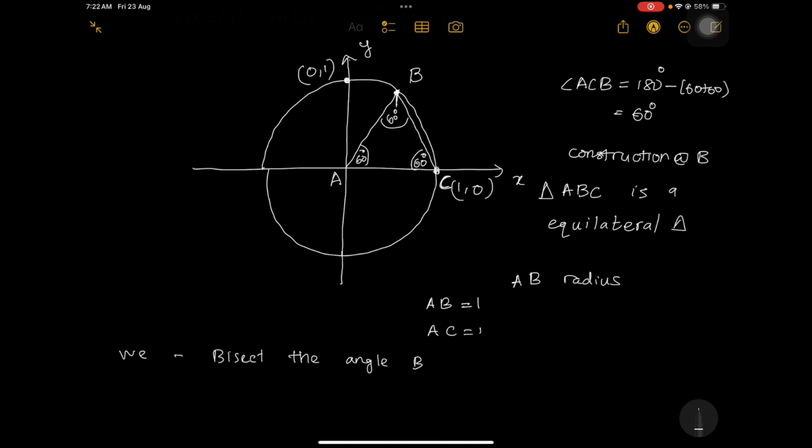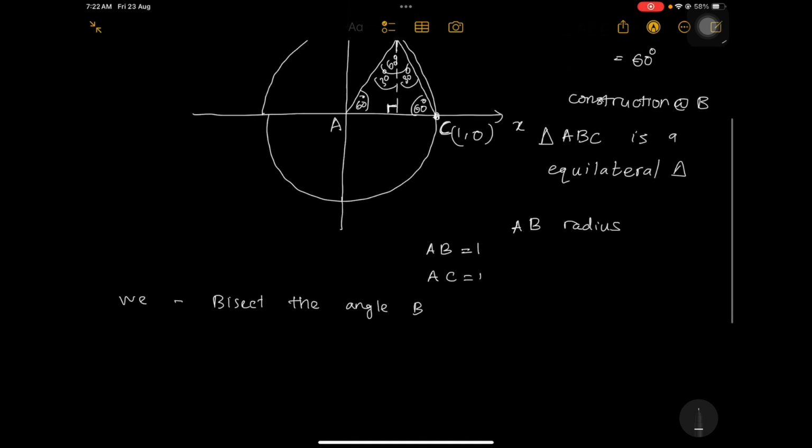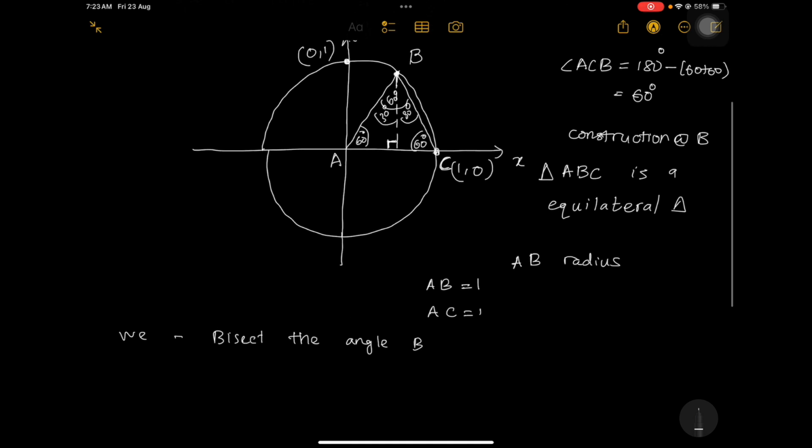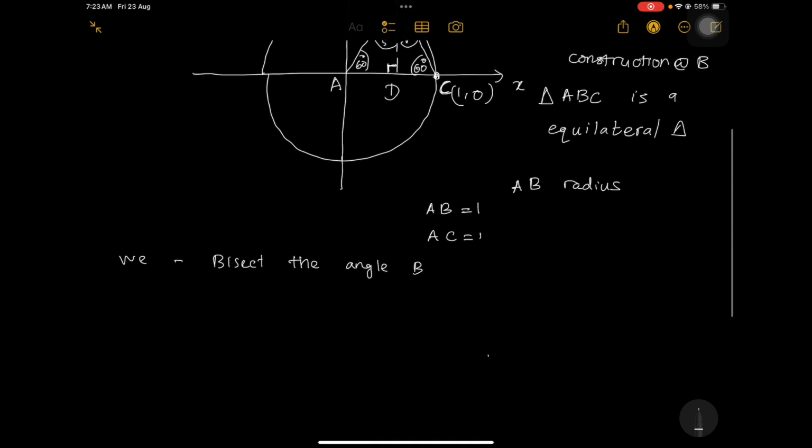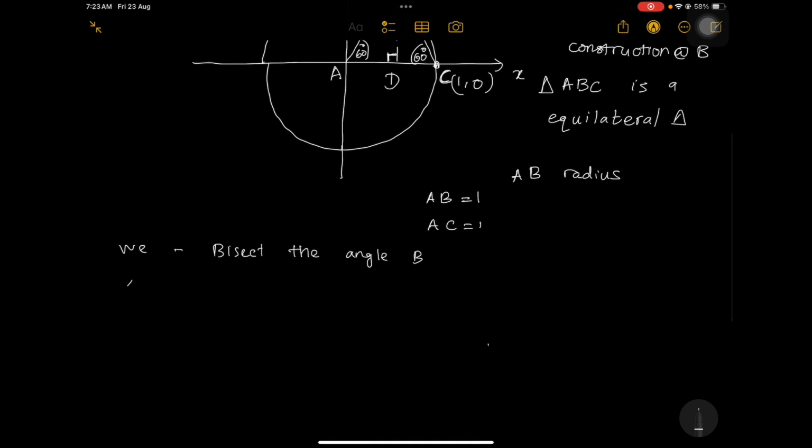The bisector is perpendicular to the opposite side, so this is 90 degree. Here this angle is 30, and this angle is 30. We will call this bisector BD.